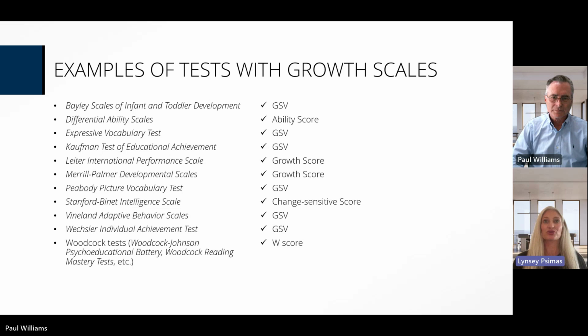This scale was originally used under the name of the W scale, which came from the Woodcock-Johnson psychoeducational battery. So it could be called a few different things like ability score, growth score, change sensitive score, or like I said, the W score. And I'm going to actually hand this over to Paul now to review how GSVs are derived.